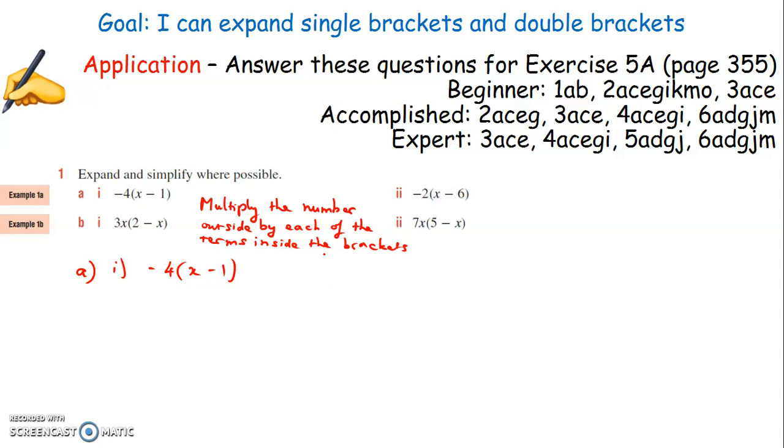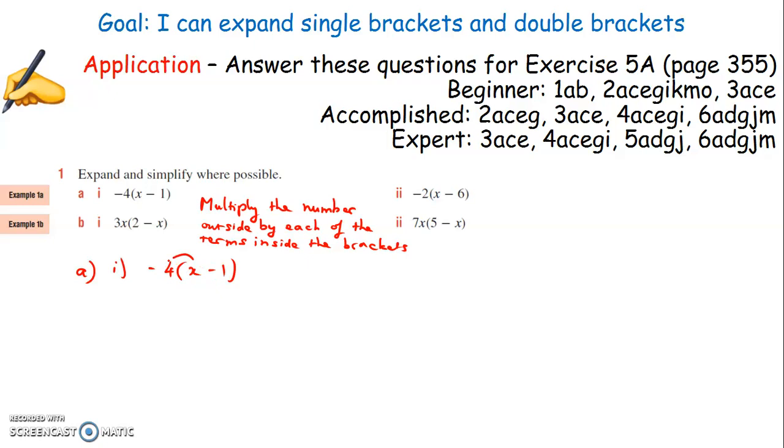So that's what we do here. Here we have negative 4 on the outside, and we have x and negative 1 on the inside. So what we're going to do is multiply this number here, negative 4, by each of the terms inside the brackets.